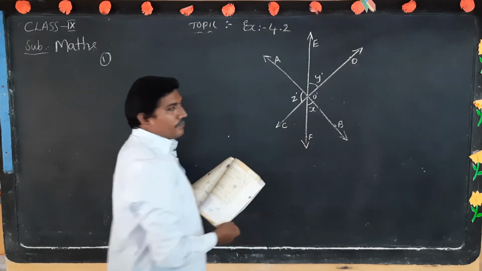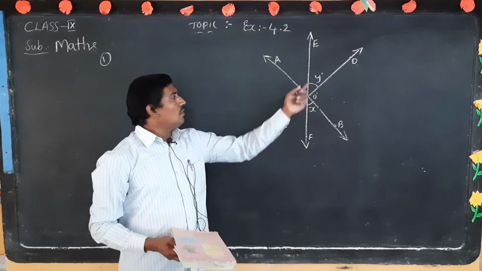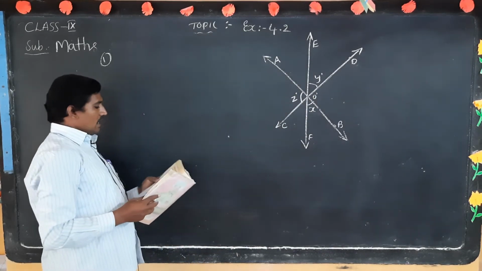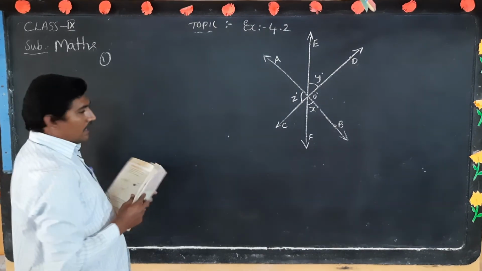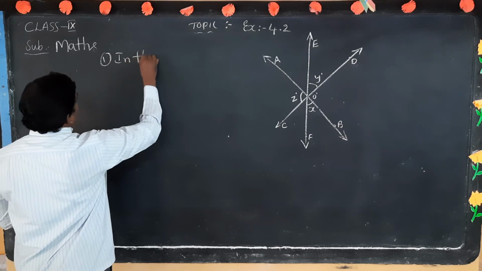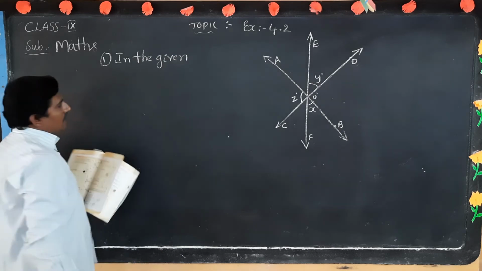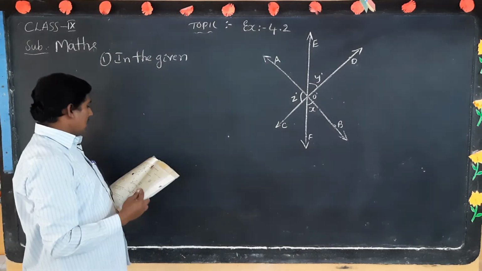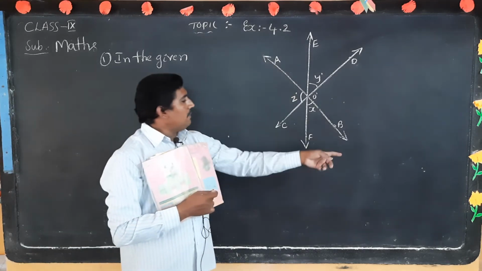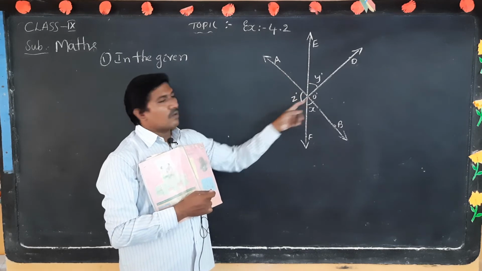In this diagram, they are asking to find the values of x, y, z. In the given figure, AB, CD, EF are all intersecting here at one point.